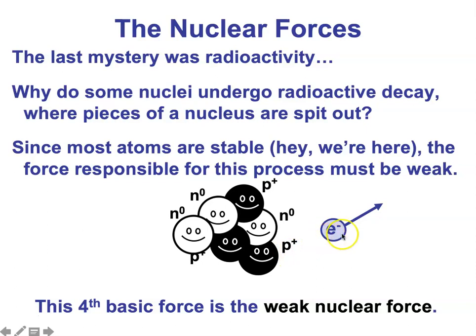And that electron carries away a negative charge, and that electron shoots out of the atom, and that's your radioactivity. That's your radioactive particle that comes flying out of the nucleus. Radioactivity happens, and radioactive particles get emitted as a way for the weak force to take unstable nuclei and turn them into more stable nuclei.